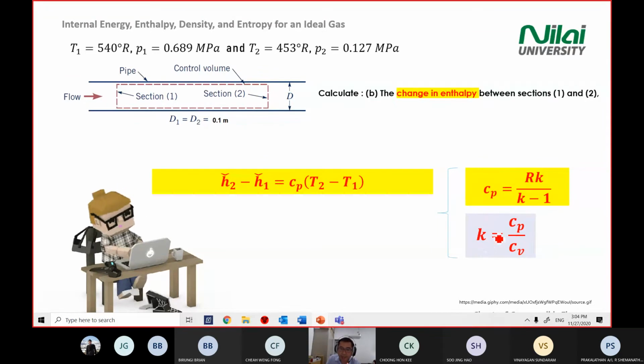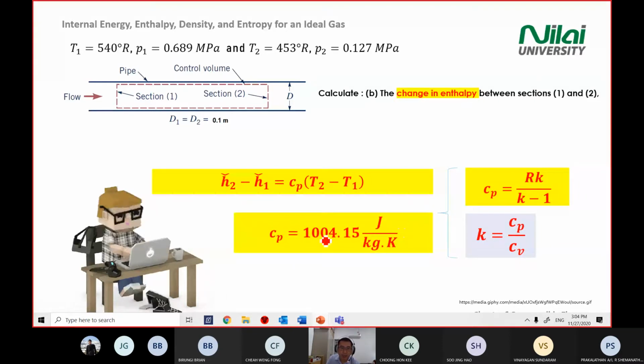But again, the value of K you can find from table 1.8. So just in case the K is not given, but you calculate the Cp or Cv, you can still find the K. So you can find your Cp from Rk divided by K minus 1. You'll find around 1004.15 joule over kilogram Kelvin.